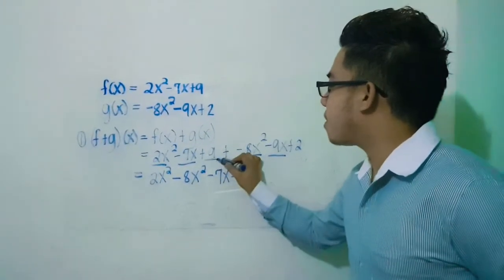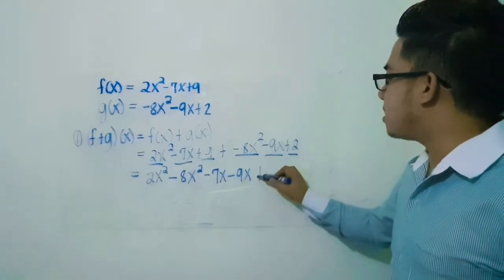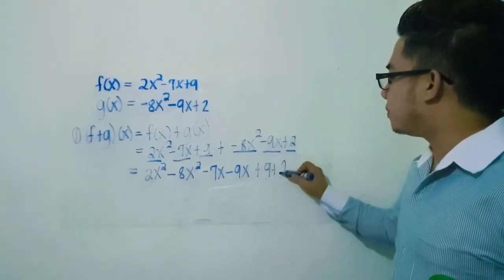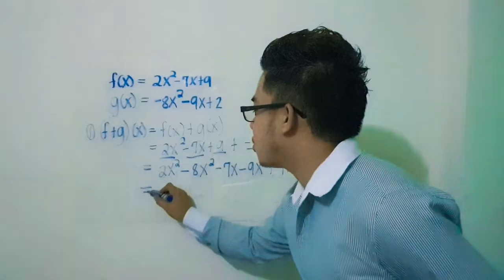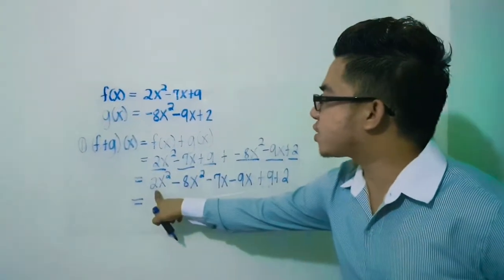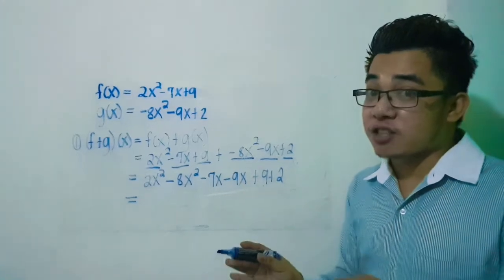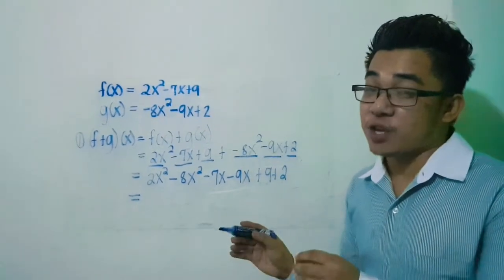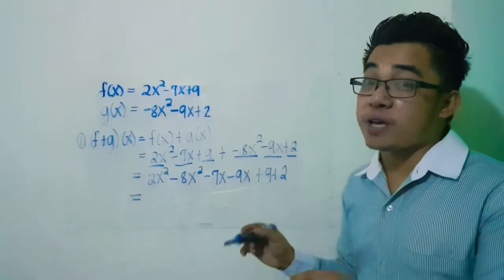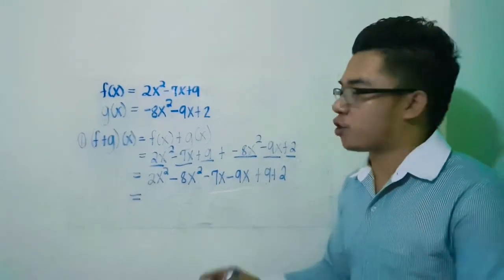And we have positive 9 and positive 2. Then, we have 2x squared minus 8x squared. We have one positive and one negative. So, the operation that we are going to use is subtraction.